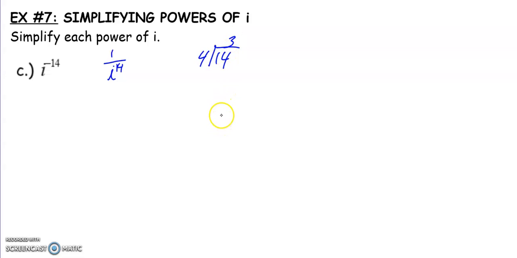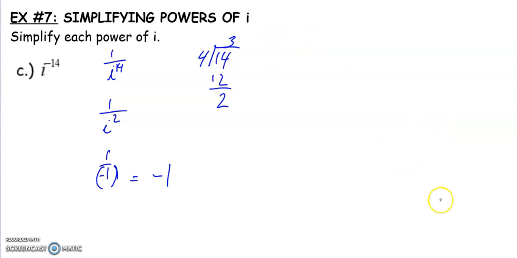Well, that's going to be 3 full groups, which would give me 12, and that would give me a remainder of 2. So another way of writing 1 over i to the 14th power would be 1 over i squared. Well, i squared, we know, is negative 1. And 1 over negative 1 is negative 1.